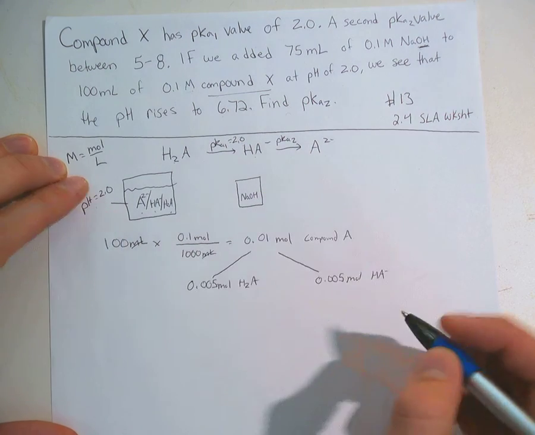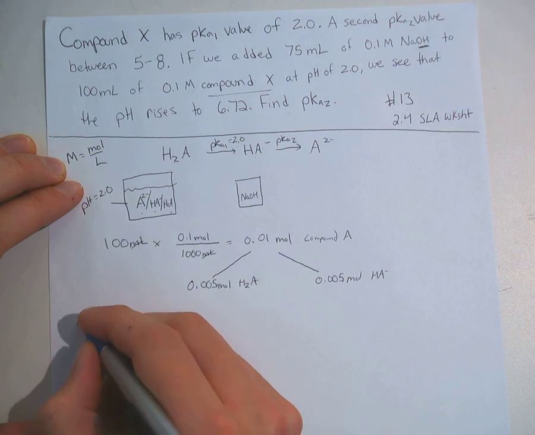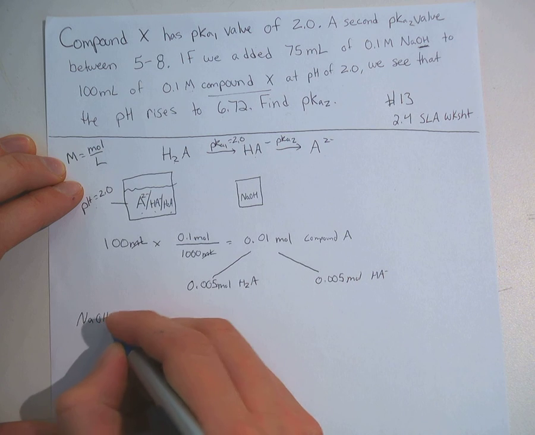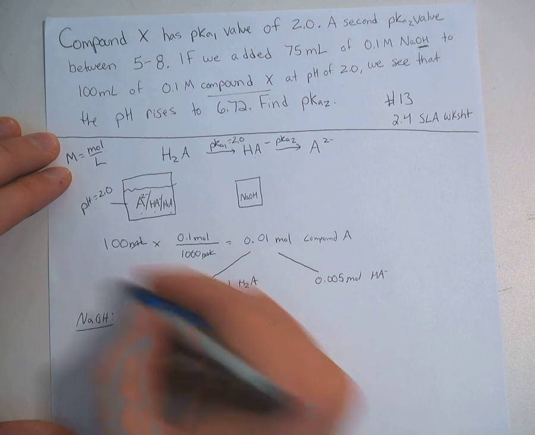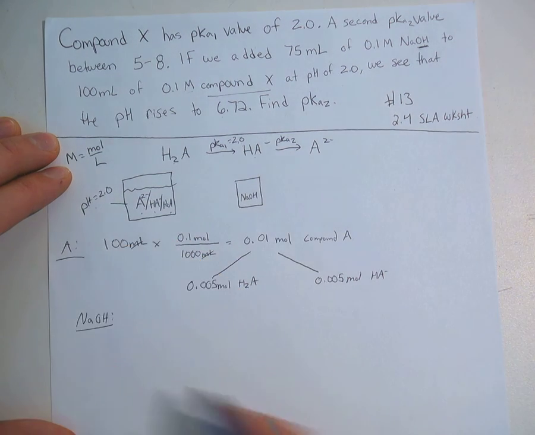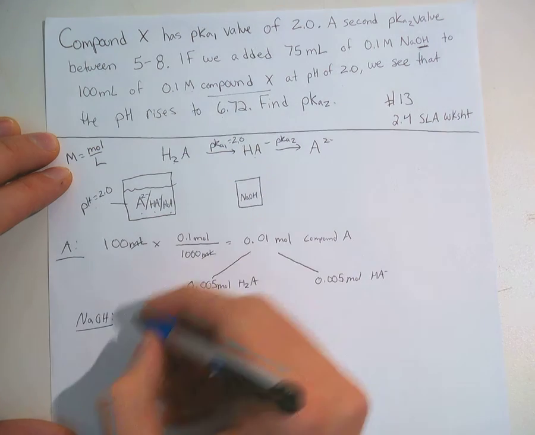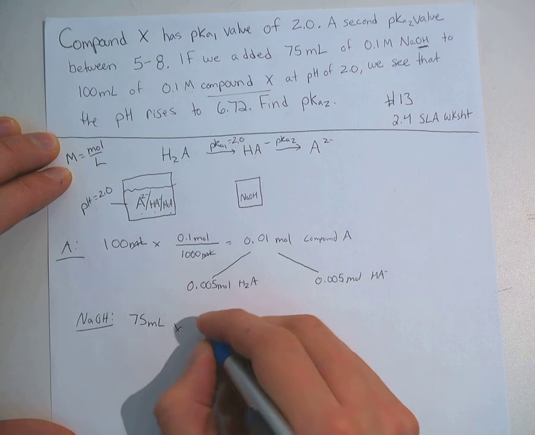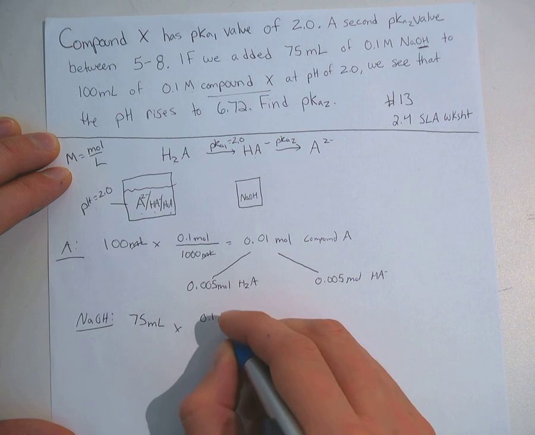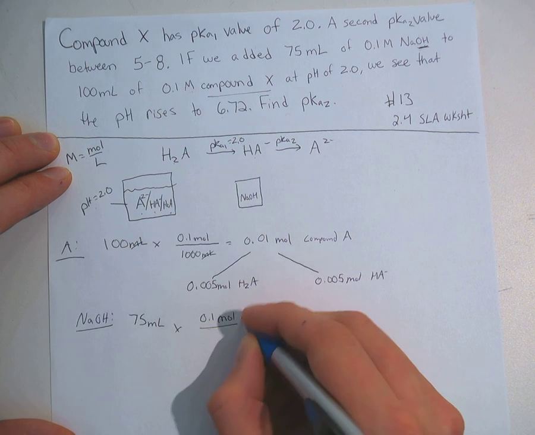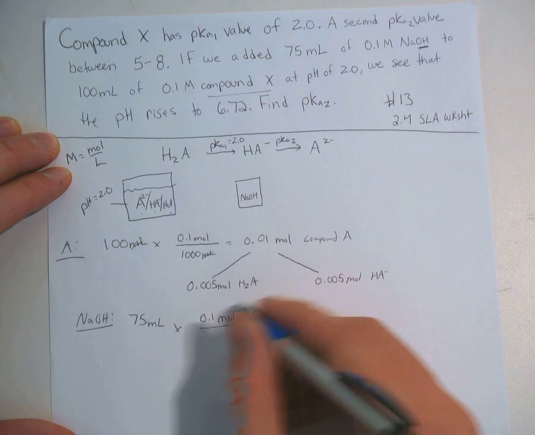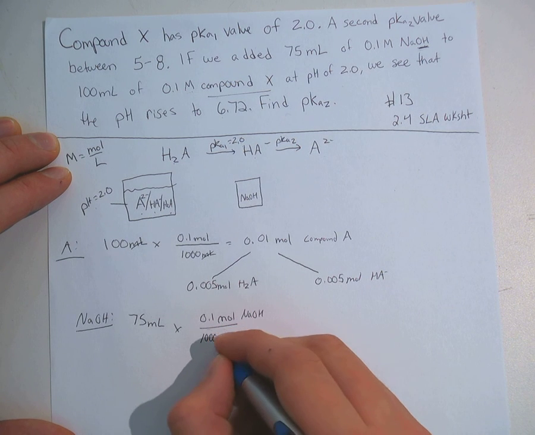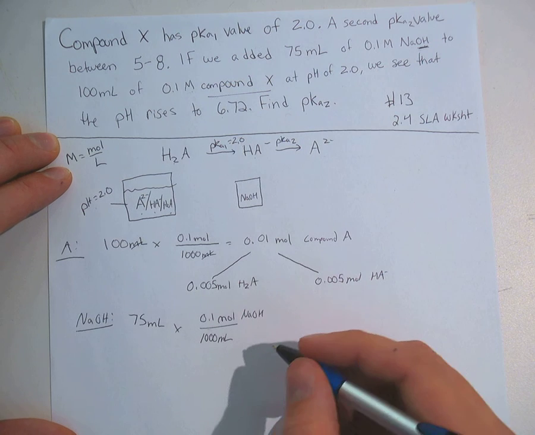Now I got to figure out what's going on with my NaOH that I'm going to be adding. So for that, and this is for compound A, for my base, it tells me I have 75 milliliters and a molarity of 0.1 moles, over 1,000 milliliters or 1 liter.